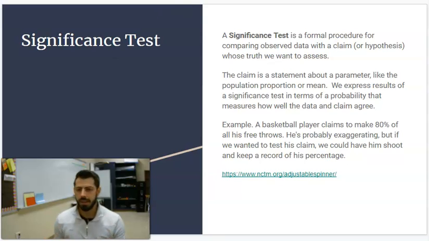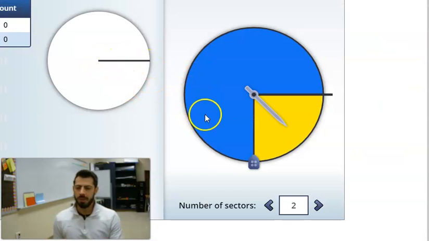Now, what would that look like? Well, here, let's assume that this is the proportion of free throws that he makes versus the proportion of free throws that he doesn't make, right? Now, we could have him shoot a bunch of free throws.